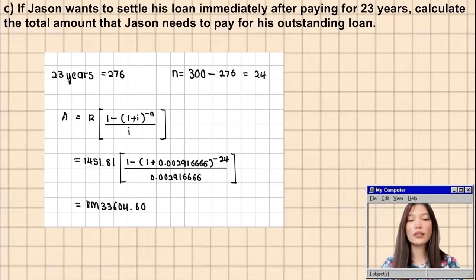The amount that Jacyln has to pay for his outstanding loan is RM33604.60.